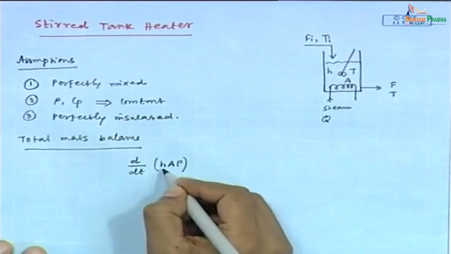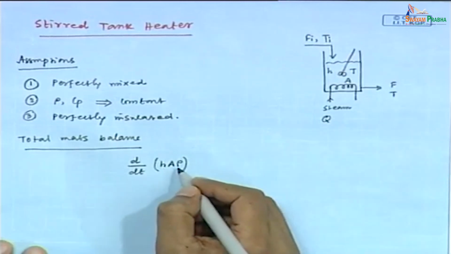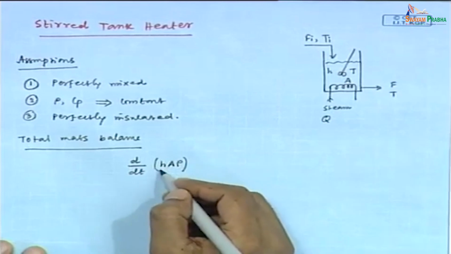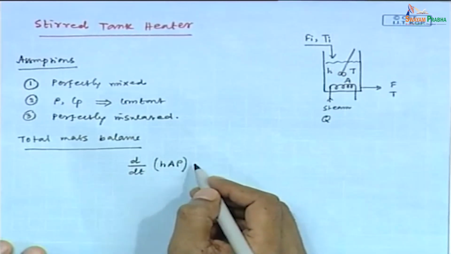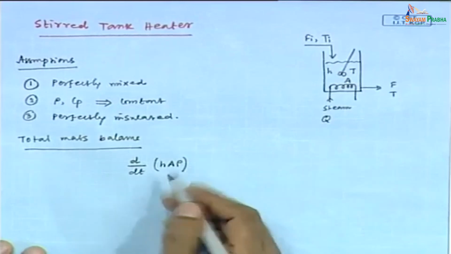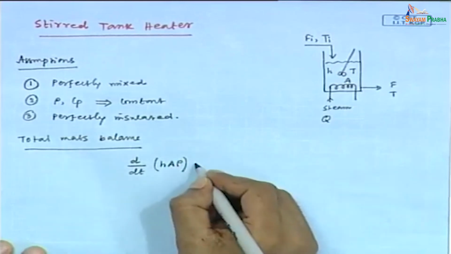H is the liquid height multiplied by cross sectional area, this is volume. Now, volume multiplied by density, that is mass. So, this is the rate of accumulation.